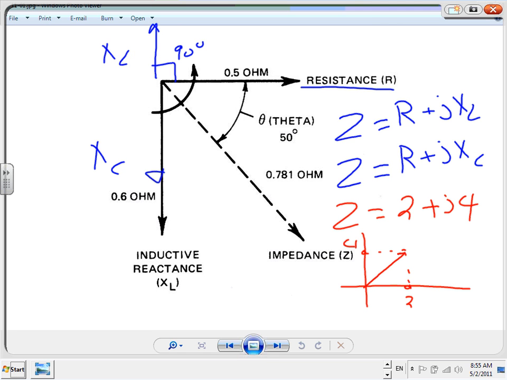And you find Z. Here's my Z, and from the Pythagorean theorem, Z equals the square root of 2 squared plus 4 squared, right? 2 squared is 4, plus 4 squared is 16, 4 plus 16 is 20, square root of 20. If you have a calculator handy, that will get you 4.5 ohms.